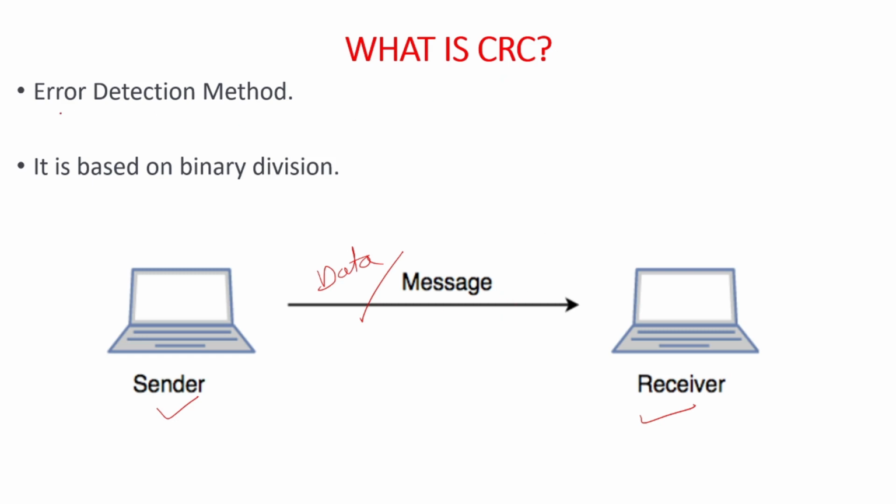That's why it is called an error detection method, because it helps us find whether there is an error in the data sent from sender to receiver. If there is an error, CRC will detect it and tell us that there is an error in the data.